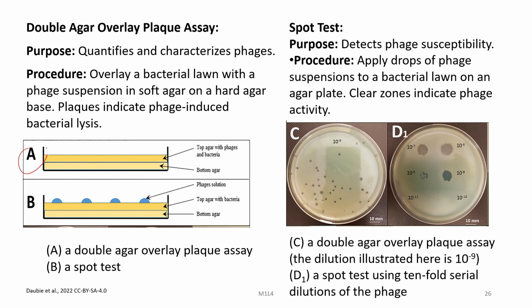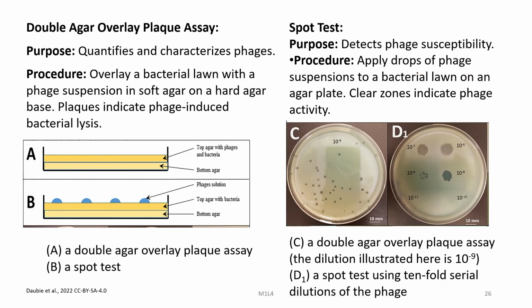So, in A you can see a double agar overlay plaque assay. In B you can see a spot test. So, in spot test we apply drops of phage suspensions to a bacterial lawn on an agar plate. Clear zones indicate phage activity.